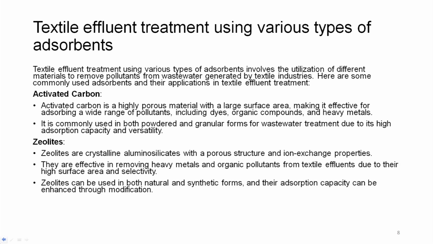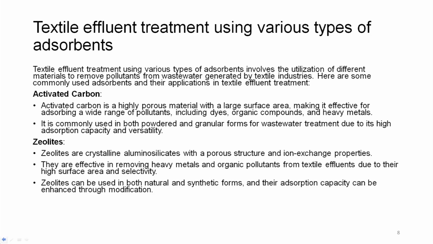Textile effluent treatment using various types of adsorbent involves the utilization of different materials to remove pollutants from wastewater generated by textile industries. Here are some commonly used adsorbents and their application in textile effluent treatment.